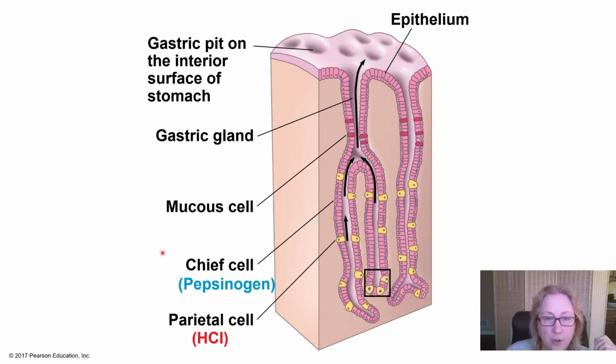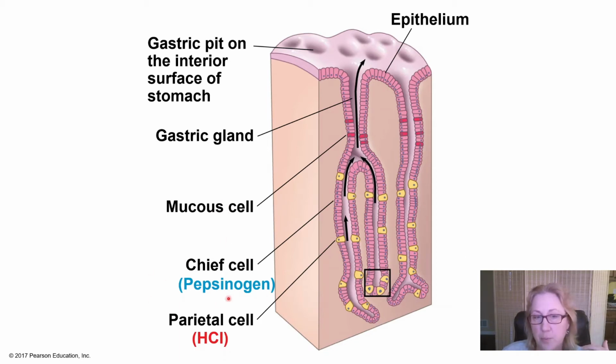And there are two main types of cells here that are important for digestion, the chief cells and the parietal cells. And they are both found in these gastric glands, which are all over the inside of the stomach. There's also mucus-producing cells, and the mucus that's produced in the stomach is what protects the lining of the stomach from being digested itself.